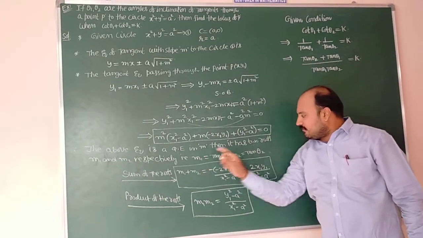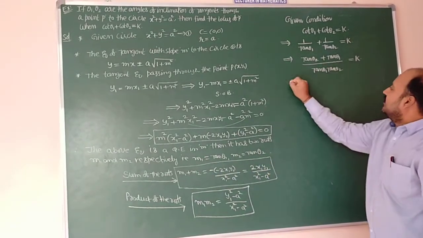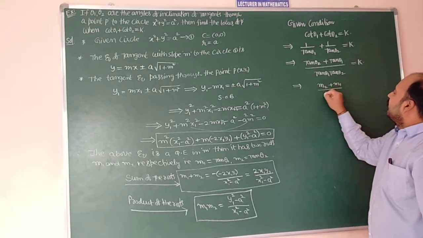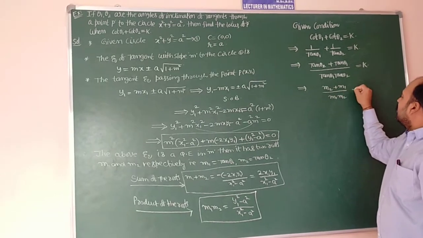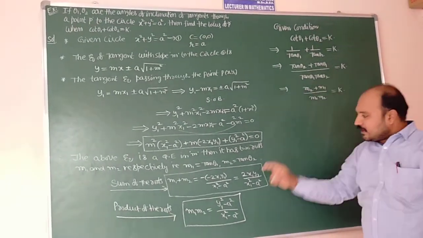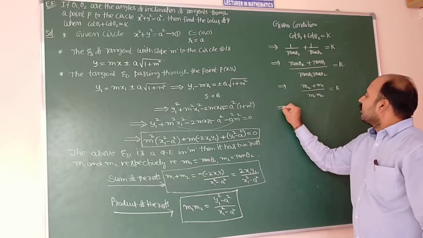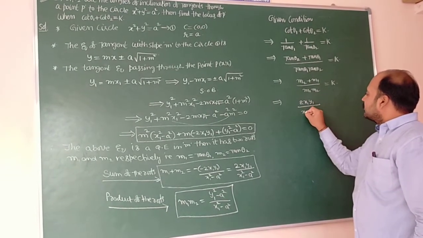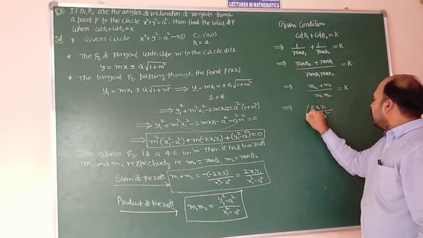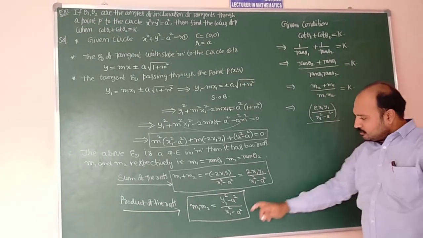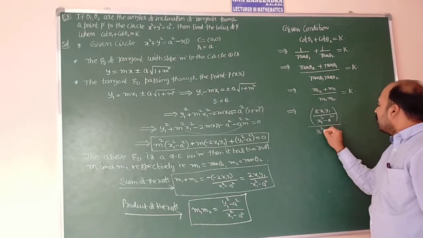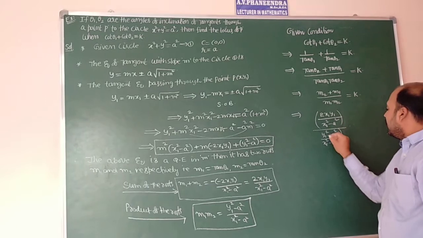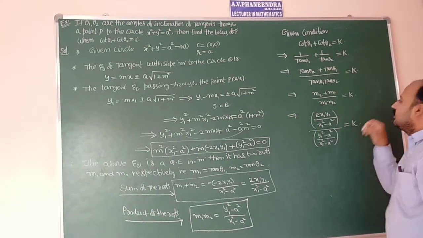Tan theta 1 means m1, tan theta 2 means m2. Substituting, m2 plus m1 divided by m1 m2 is equal to k. The m1 plus m2 value we have here: 2x1 y1 divided by x1 square minus a square, whole divided by m1 m2, which is y1 square minus a square divided by x1 square minus a square, is equal to k.